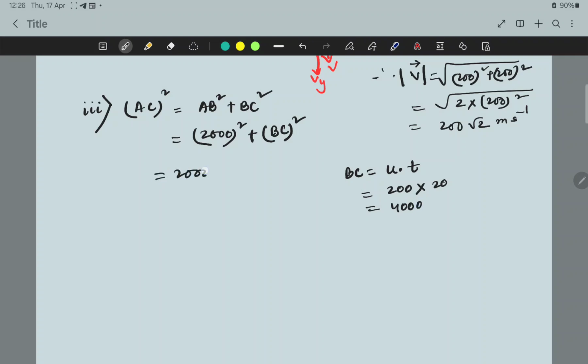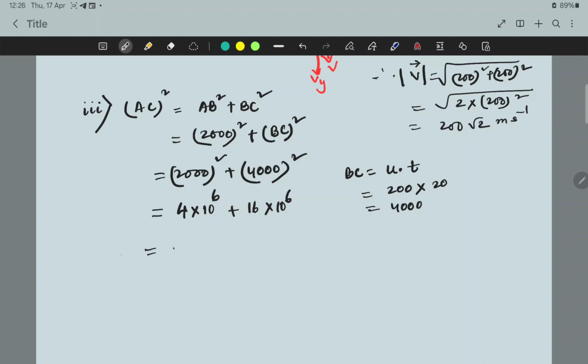So 2000 square plus 4000 square. So 2000 square will give us 4 into 10 to the power 6, plus 16 into 10 to the power 6.